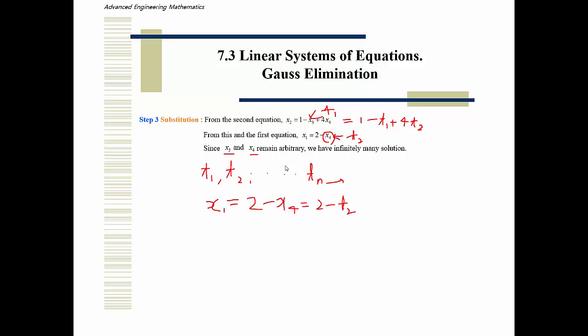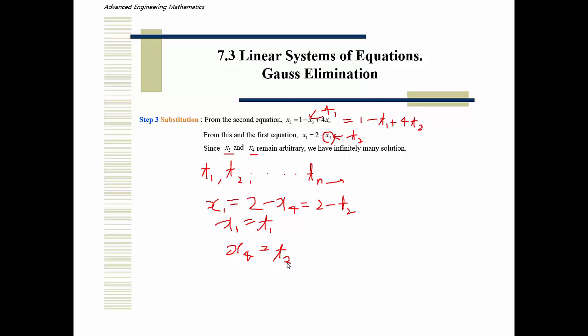As I said before, x3 is just the input variable t1, and x4 is t2.